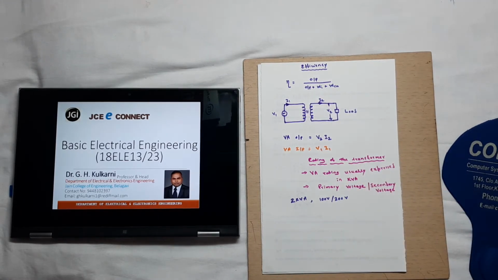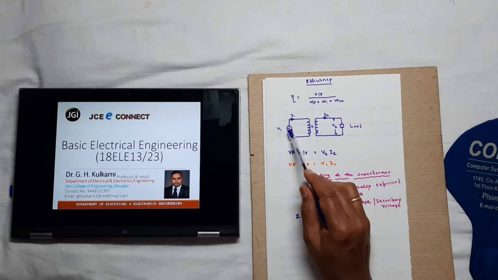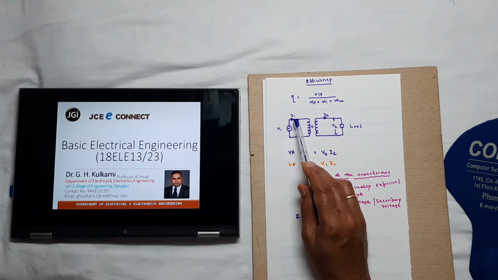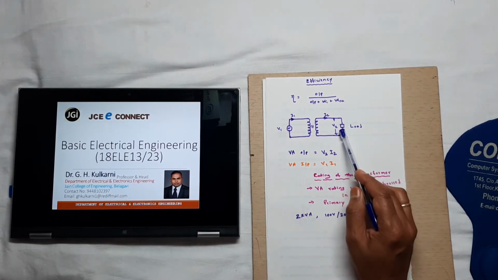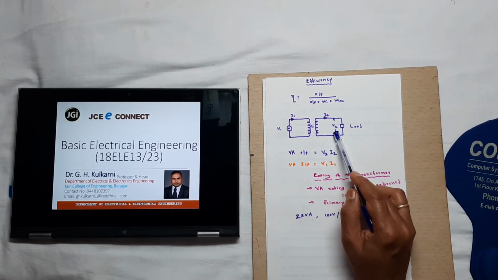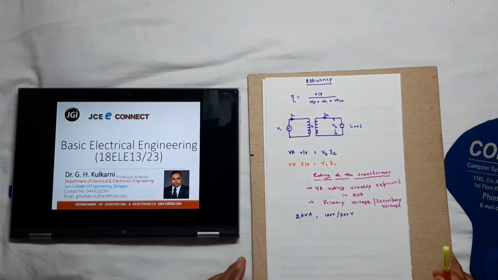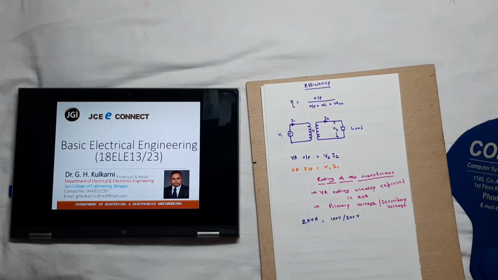Then if you look into the transformer here, you are exciting with a voltage V1 and you are connecting a load across the secondary winding, which is delivering a current of I2 at the voltage V2. Then at this output terminal, what is the output of the transformer?